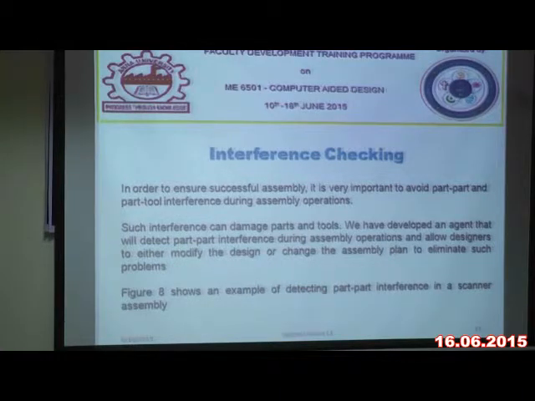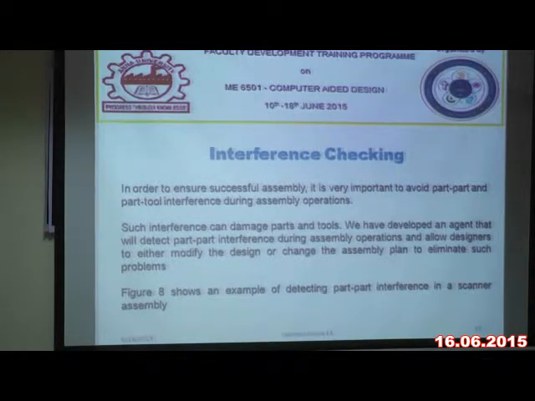We have developed an agent that will detect part interference in the assembly build during assembly operation and allow the designer to either modify the design or change the assembly plan. It is recommended that this be cleared in the simulation period.